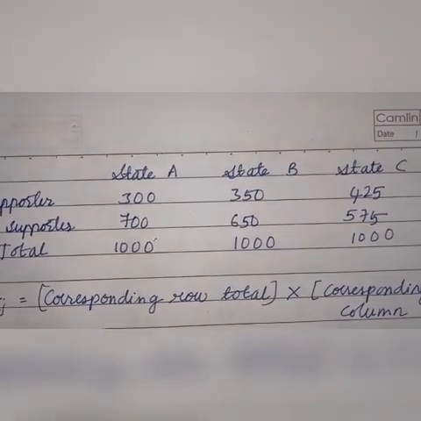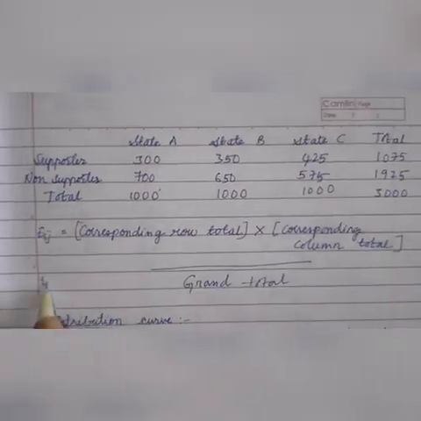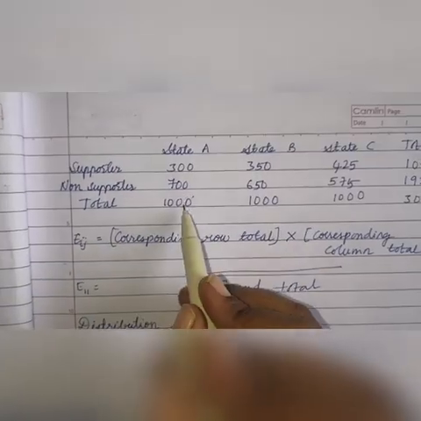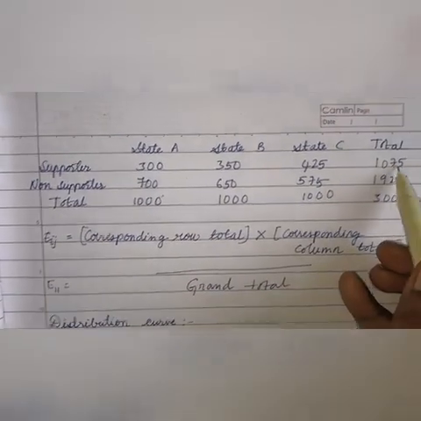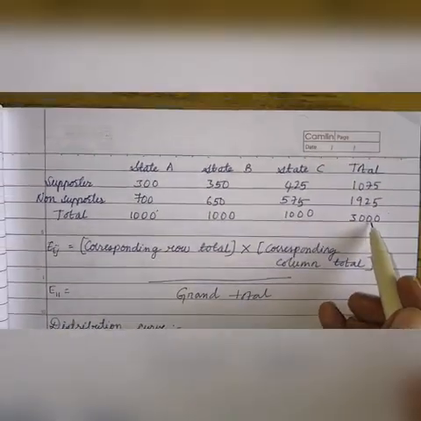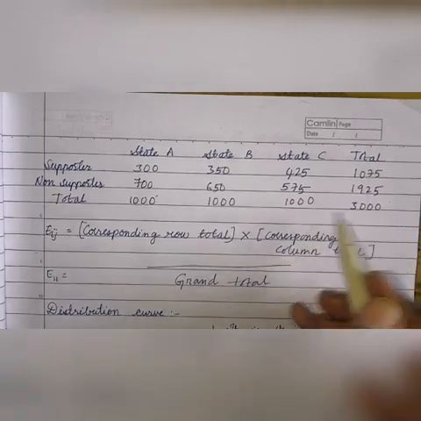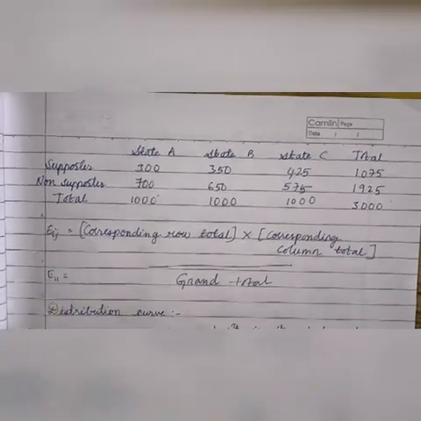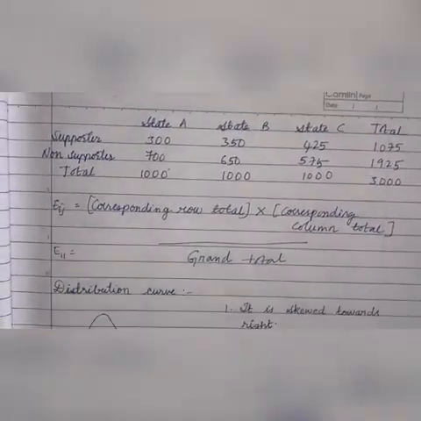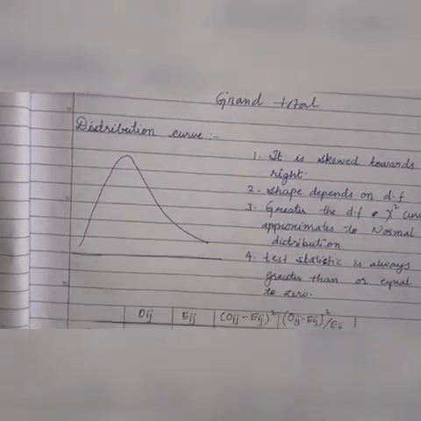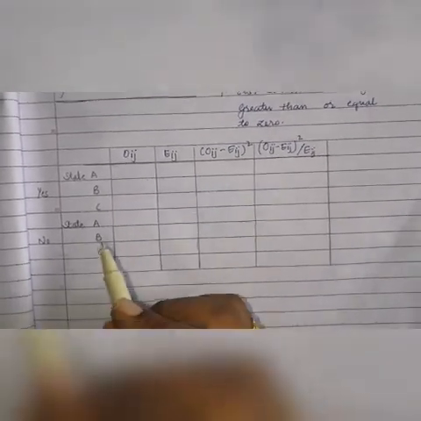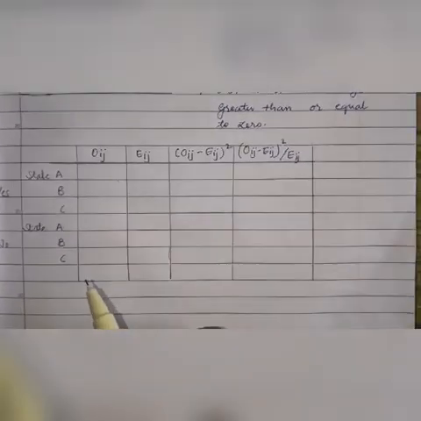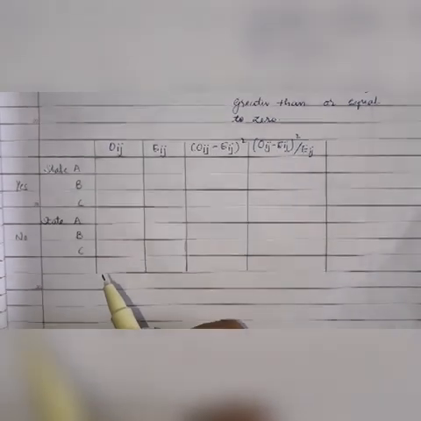For E11, the value will be 1,000 into 1,075 by 3,000. So that is how you have to calculate the expected frequencies. For calculating expected frequencies, I'm going to enter the data in the form of a table as it would be easy for us to calculate.